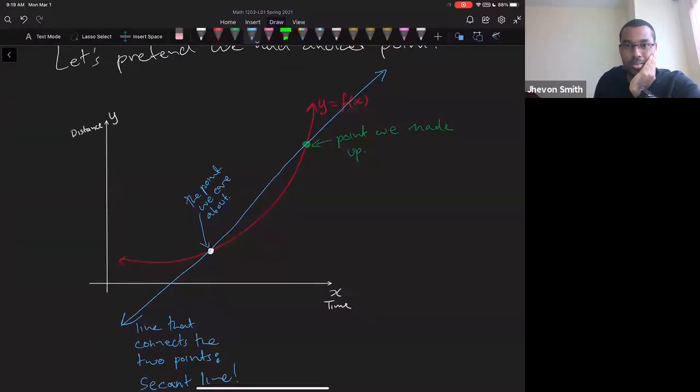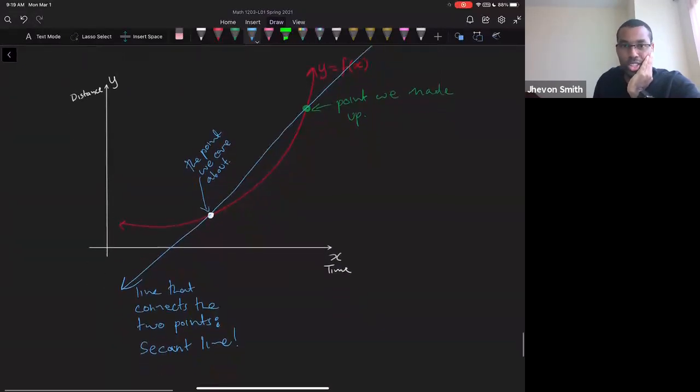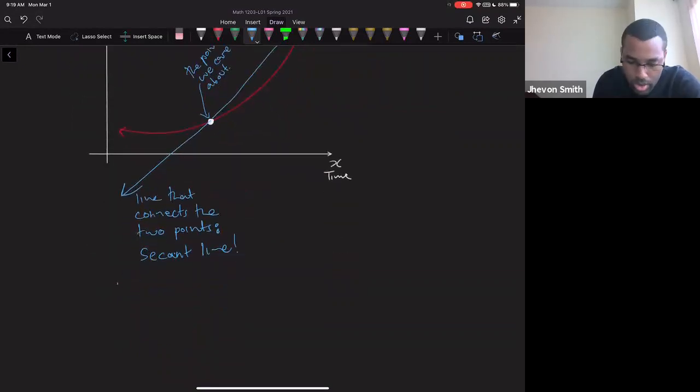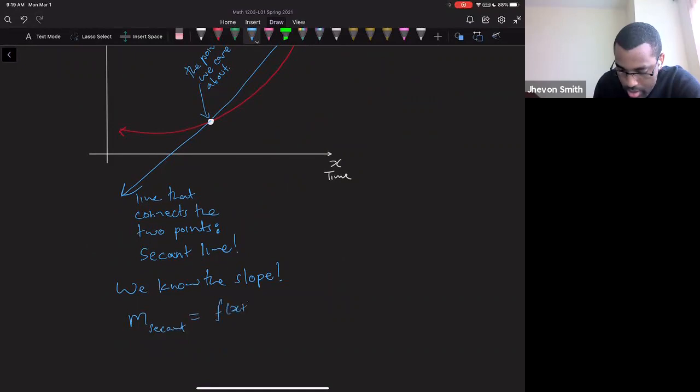So there's that. So now we have this situation. We have our second point, which means we know the slope of this line. So the slope of the secant, we saw that before. That was the difference quotient, right?